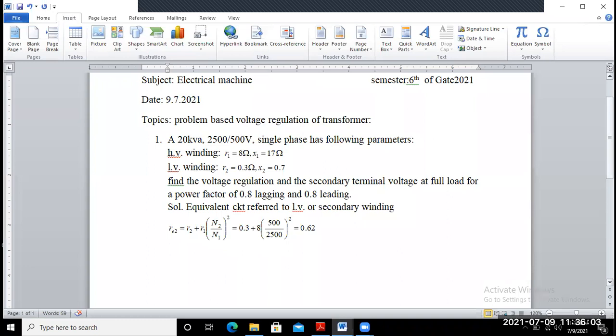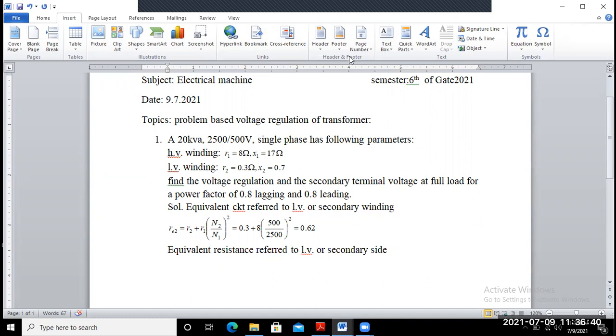Similarly, the equivalent reactance referred to the LV or secondary side is equal to how much?